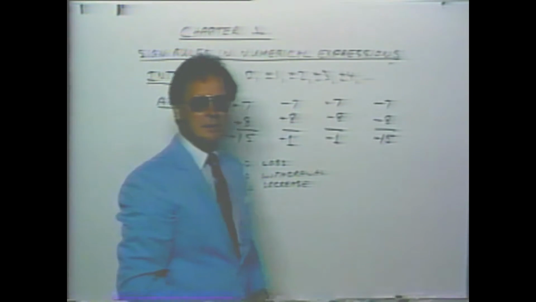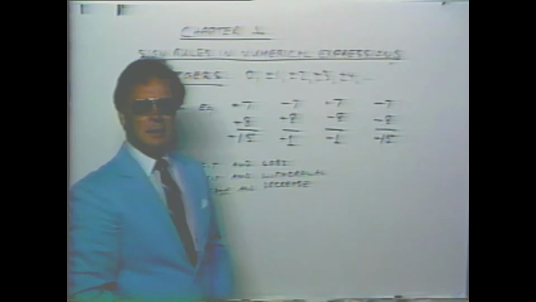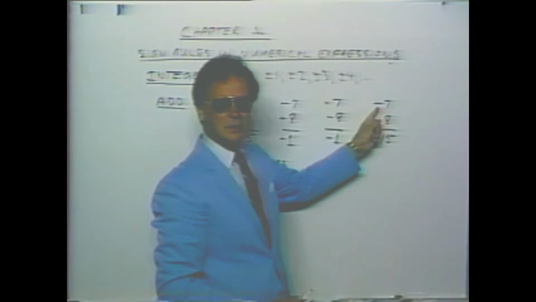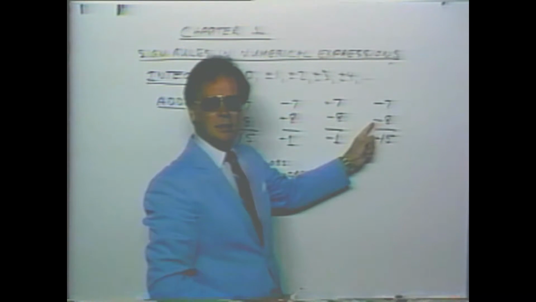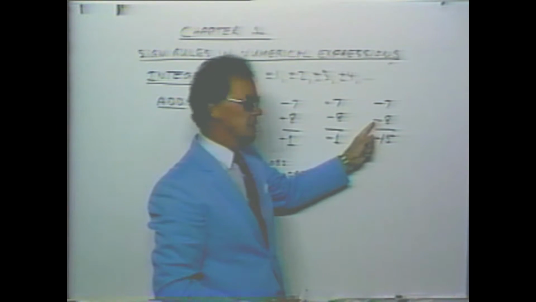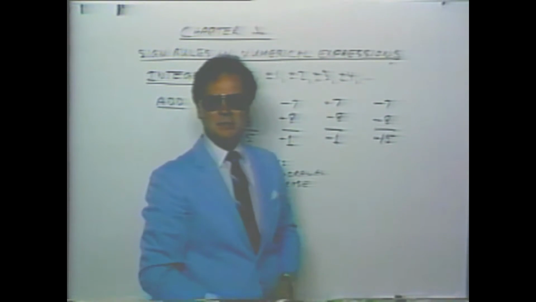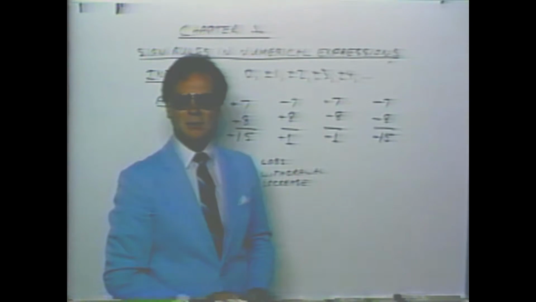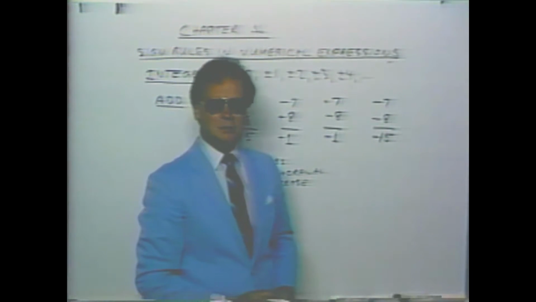And finally, in the last example, if the temperature is presently at minus 7 degrees and a loss of 8 degrees, or minus 8 degrees, occurs, the new temperature is minus 15 degrees. Addition of integers is the simplest concept in introductory algebra. In fact, we sometimes refer to these results, which take signed numbers into account, as algebraic sums.